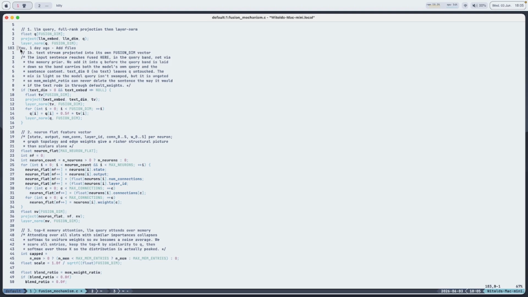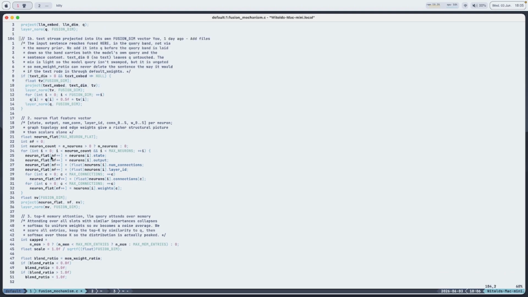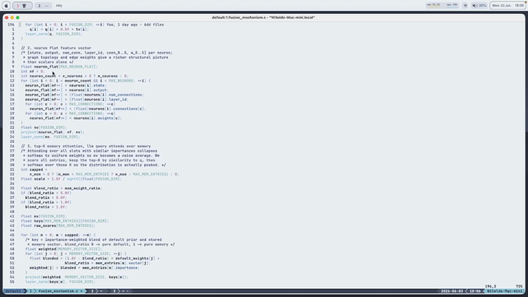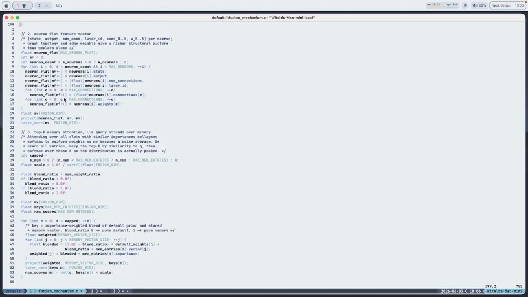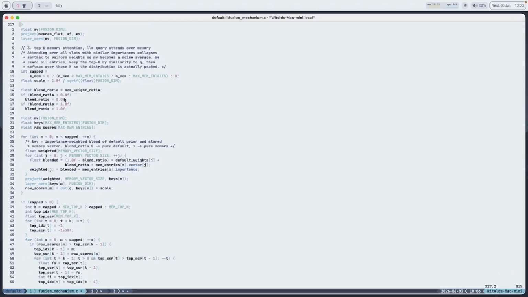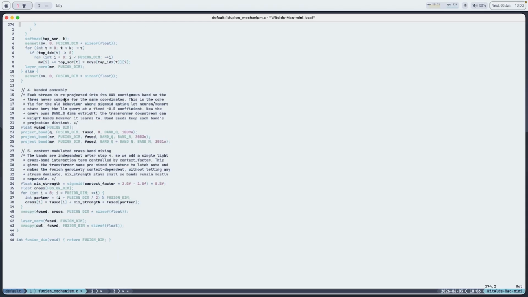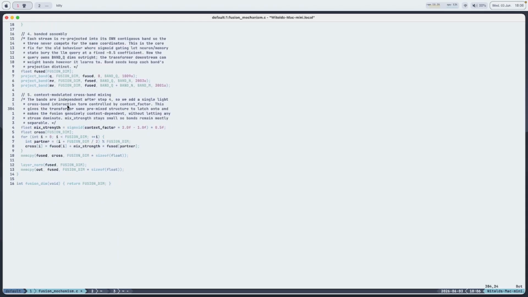But after some point of time when I saw this wouldn't work, I just decided the text bridge would be a guider instead of a main thing. We also project the neurons here. We do some default LLM stuff. And yeah, that's really it.